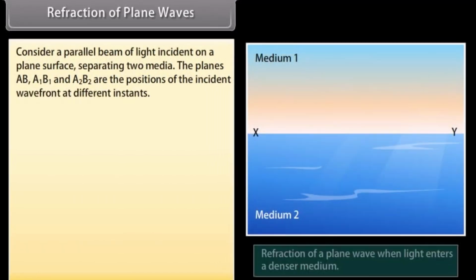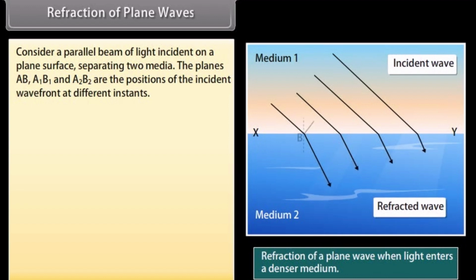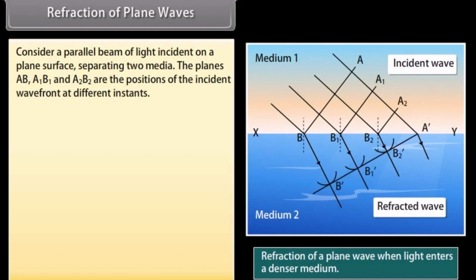Reflection of plane waves. Consider a parallel beam of light incident on a plane surface separating two media. The planes AB, A1B1 and A2B2 are the positions of the incident wavefront at different instants.